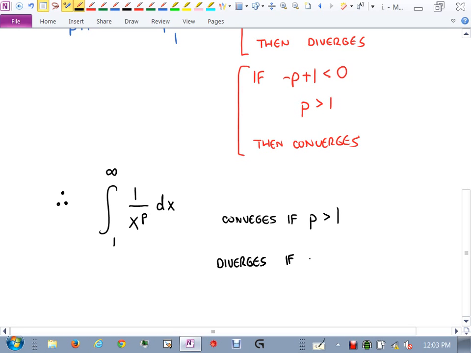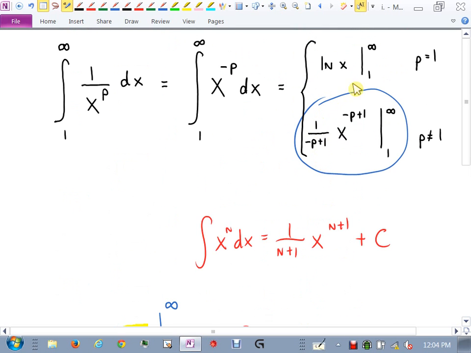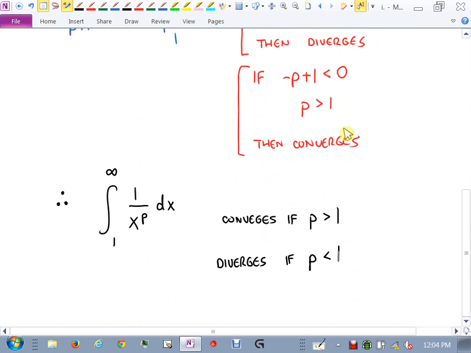If p is less than 1. What if p is equal to 1? Didn't we do that already, right in the very beginning? If p was 1, it diverged. So I can come down here and actually say less than or equal to 1, it diverges.